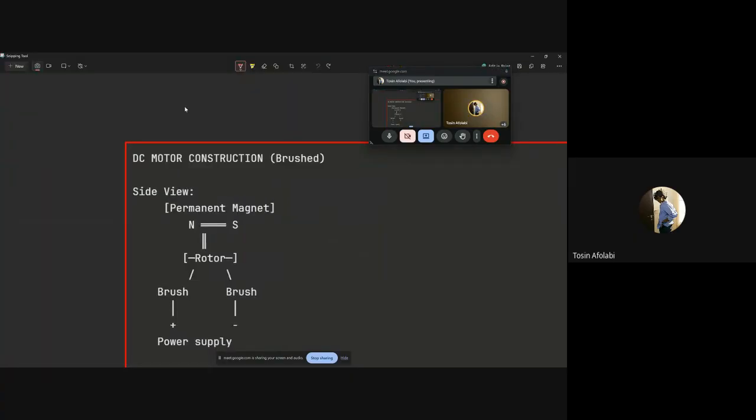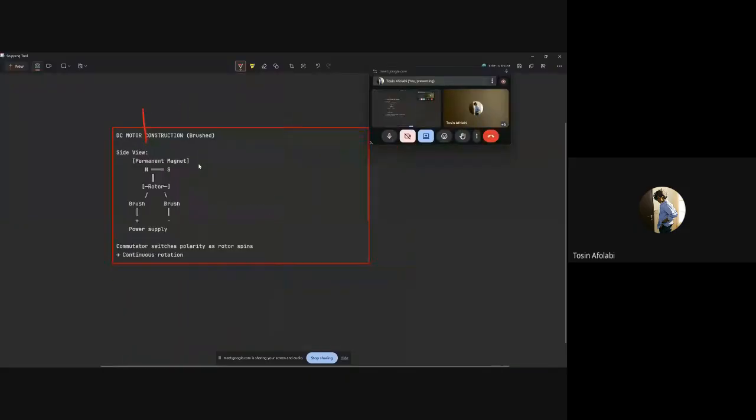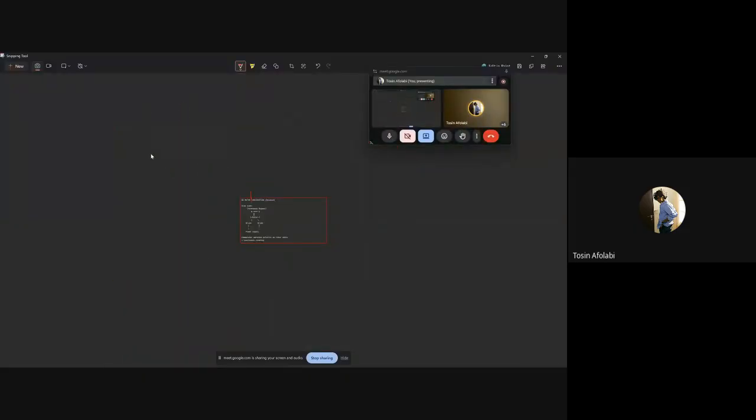Okay, so an H bridge is something kind of like this.